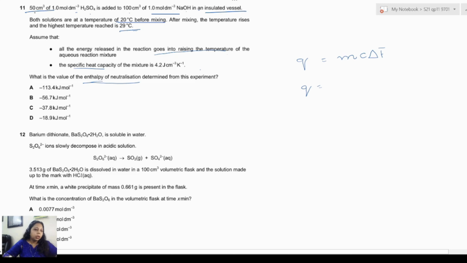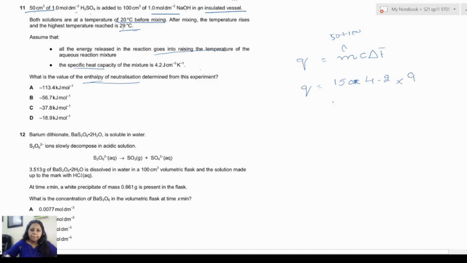So volume is 50 and 100. So it's 50 plus 100, it would be 150. And then C is given, which is 4.2 joule per cubic centimeter per Kelvin. And then we have delta T. So 29 minus 20 is 9.